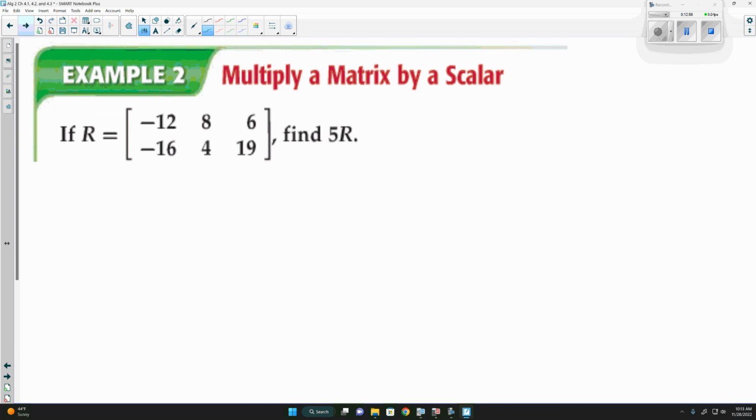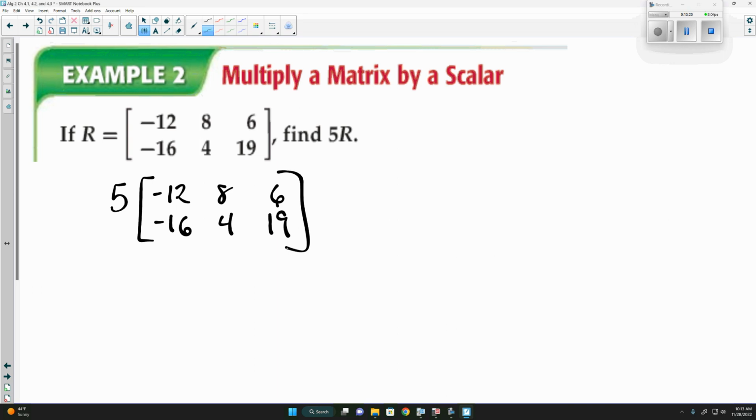Scalar multiplication. Scalar multiplication really is saying that we take whatever that scalar is, that number, and multiply it by everything inside the matrix. So when we say 5R, we're saying 5 times the matrix R. So we're multiplying all the elements of matrix R by 5.